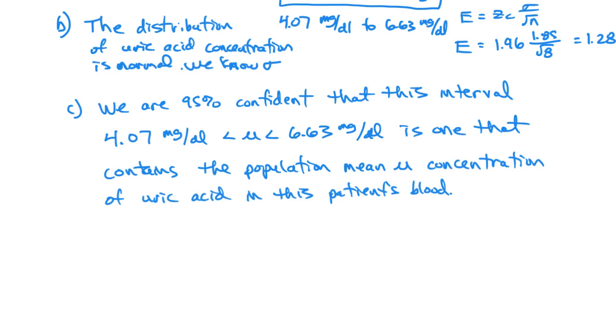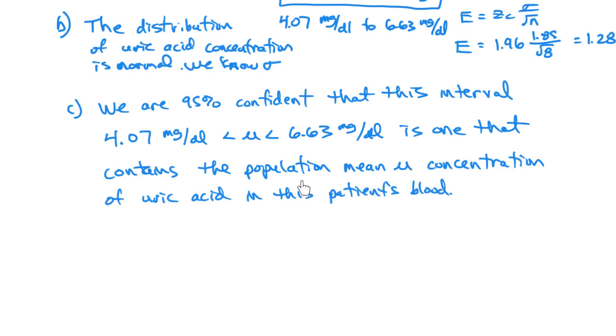A couple of things here. I put population mean mu, right? It looks a little redundant, and it is, but I'm doing it because if we're not careful, students will write population mean X bar, or they'll write sample mean. We're not trying to predict the sample mean. We have the sample mean.